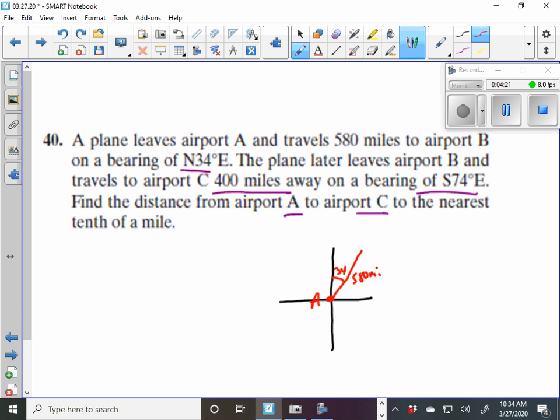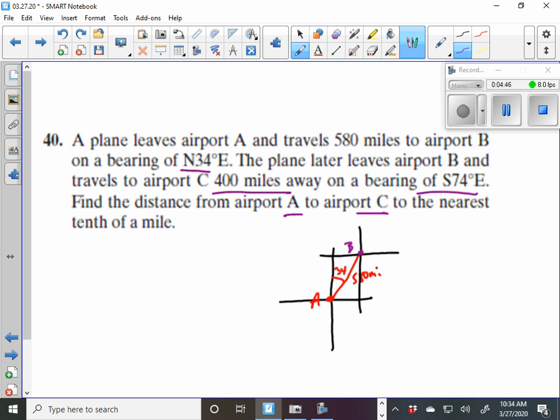Okay. We're now at airport B, and I would go ahead and draw this in here again so you can see the right angles. This is airport B right here, and we're now traveling 400 miles on a bearing of south 74 degrees east.